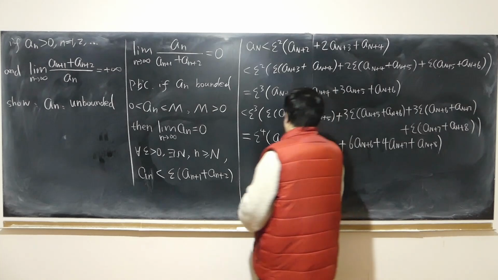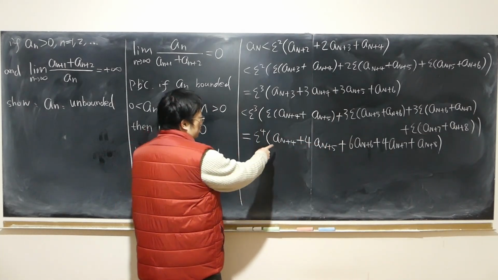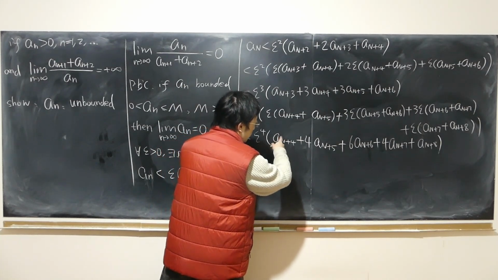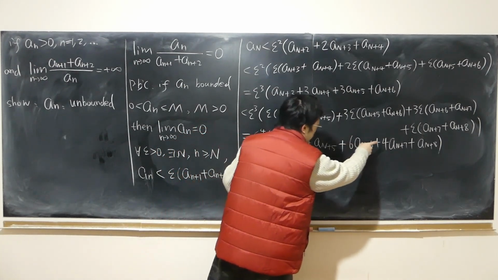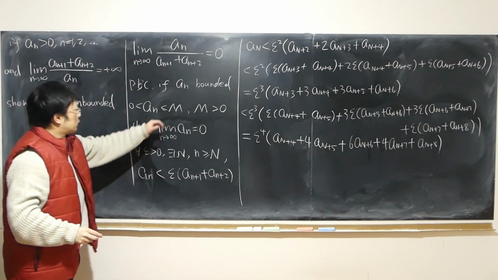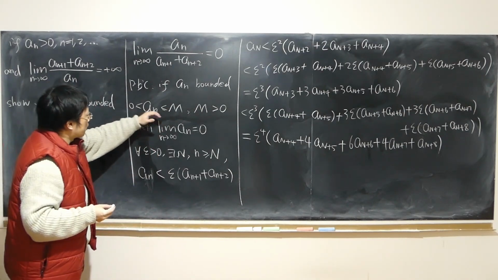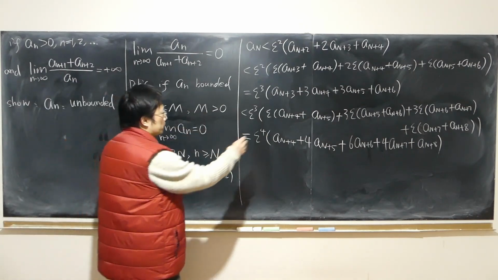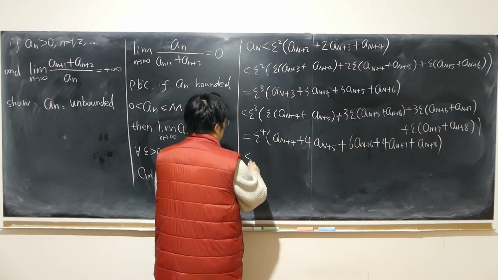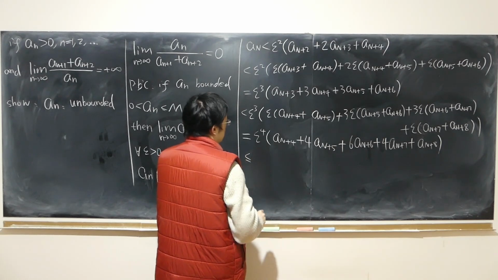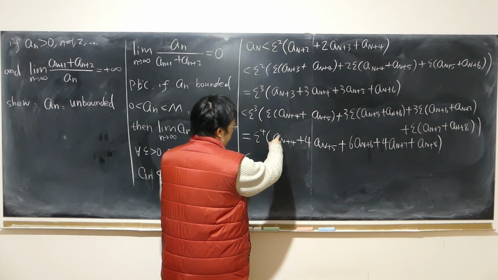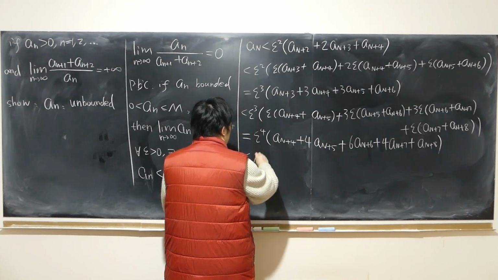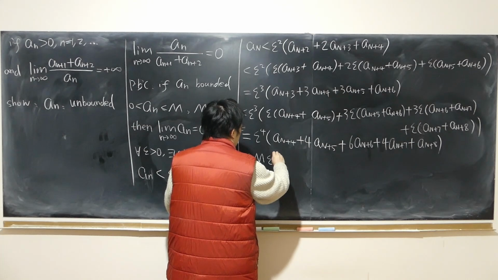So actually I replace every a_n with m, because I assume that it's bounded above by m, less than or equal. After replacing every term with m, I extract m, so m times epsilon to the power 4.